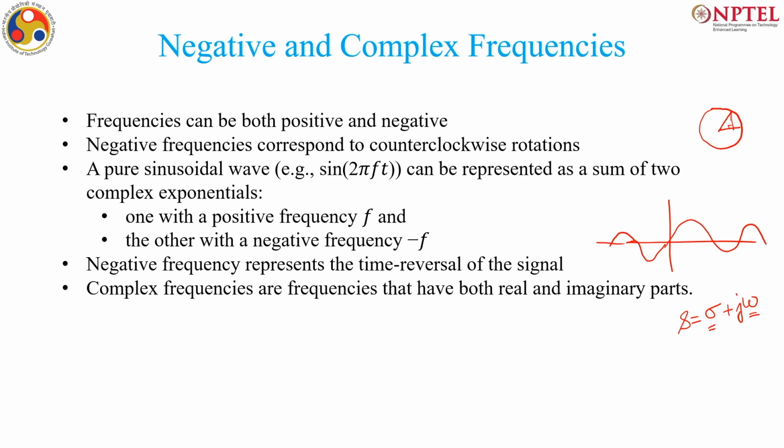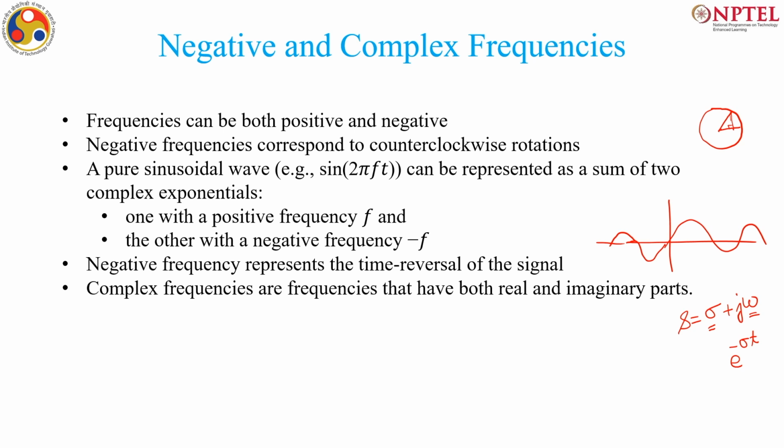We know that some Fourier transforms do not exist because of the convergence issue. So, by multiplying with e power minus sigma t, you actually multiply the signal with an exponentially decaying function.